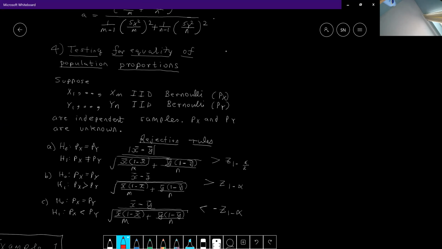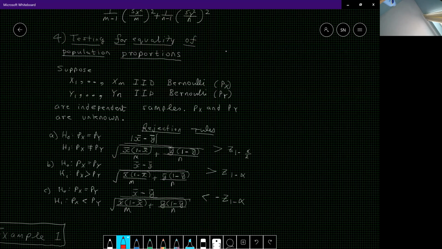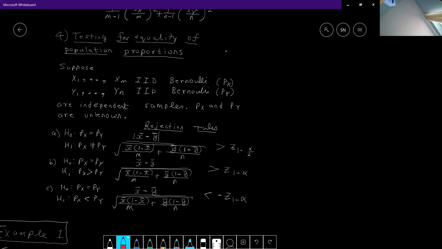All right. So in this case, you have two samples once again coming from Bernoulli populations. The first sample comes with proportion px. The second sample comes from a Bernoulli with proportion py, and we are assuming that the samples are independent, and we are assuming too that the proportions px and py are known.